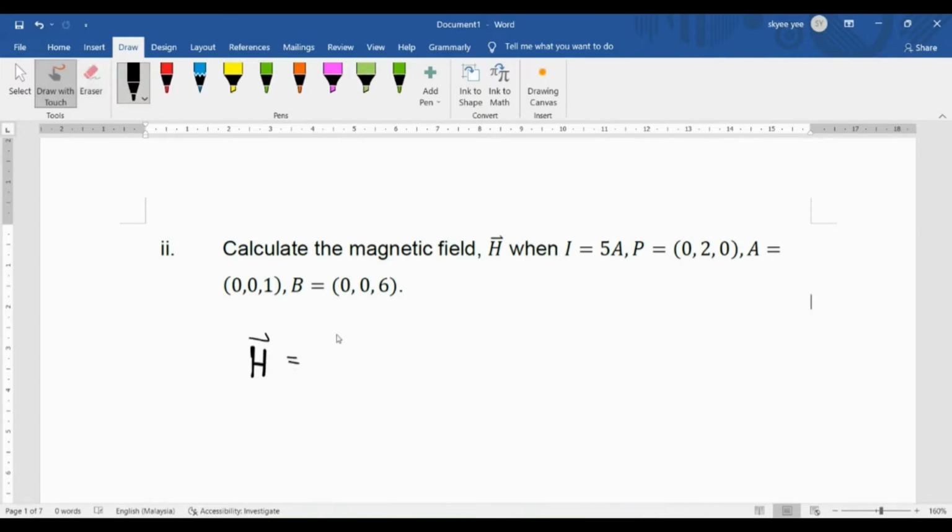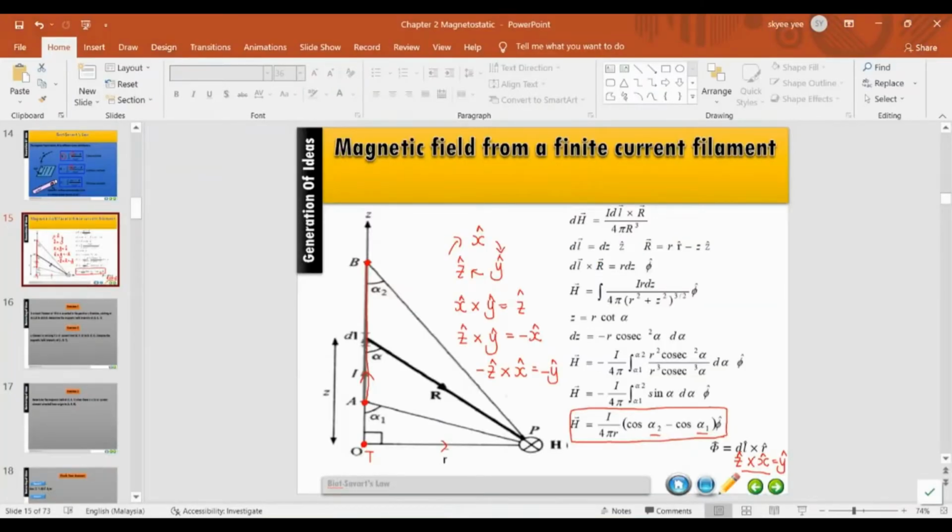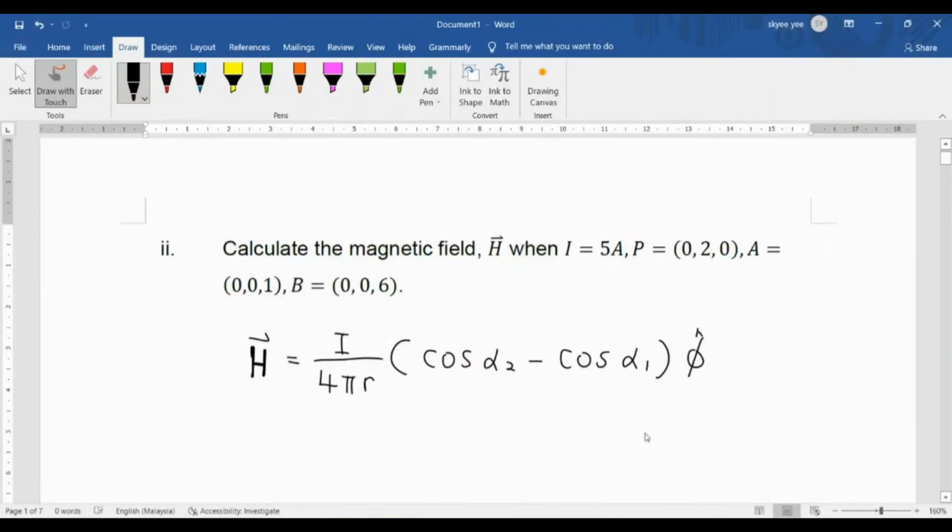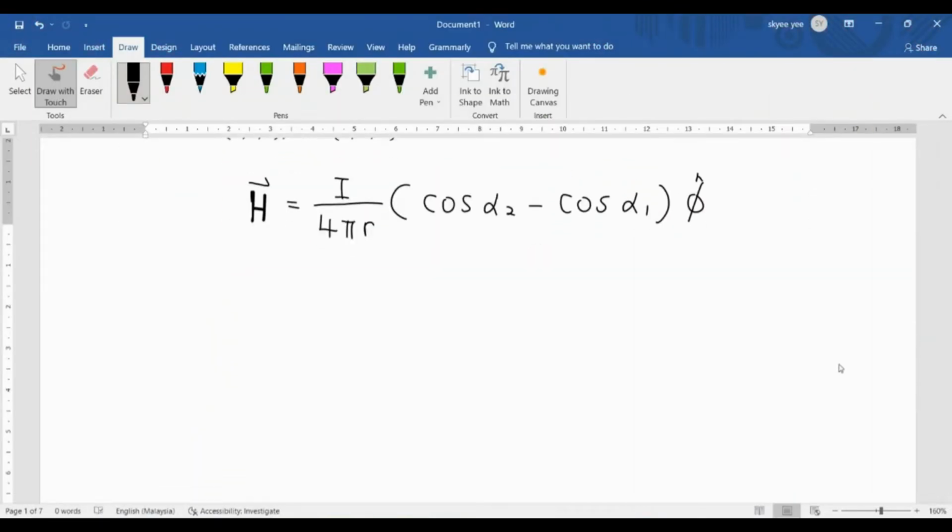The formula given is I over 4 pi r, cos alpha 2 minus cos alpha 1. Is that correct? It's correct. So let's draw these current filaments.